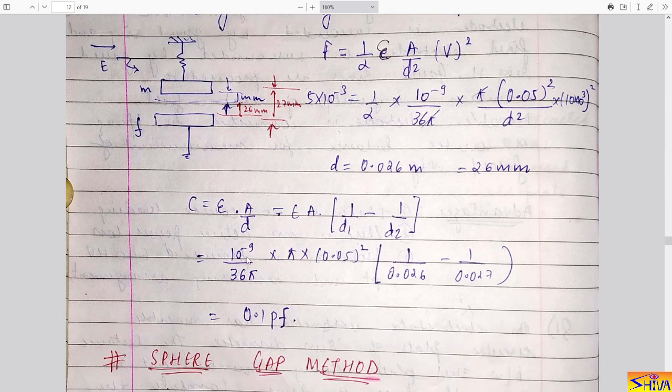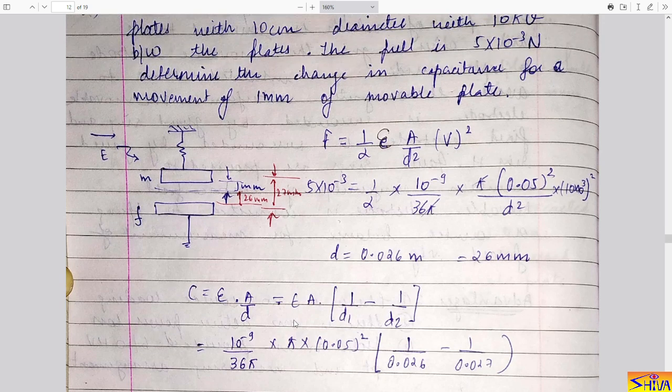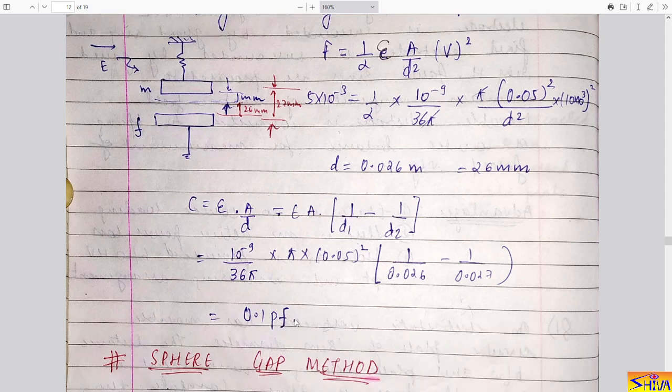So epsilon 0, 10 to the power minus 9 upon 36 pi, into pi r square, multiplied by 1 upon d1, that is 0.026 meters, minus 1 upon 0.027 meters. This should be in meters, this should also be in meters. So it is coming 0.1 picofarad. So the change in capacitance is 0.1 picofarads.